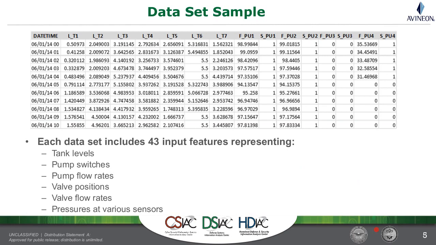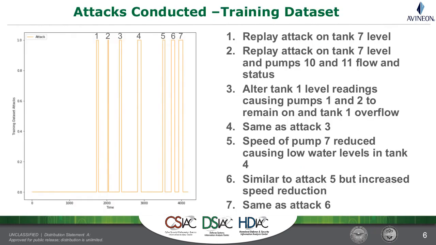Going on to slide 6. So I mentioned that there were 2 data sets where there were attacks. In the first one, which we're going to call the training data set, there were 7 attacks, and they were of a variety of different types of attacks that you might see against an industrial control system of this nature. There was a replay attack, and then there were some where they were altering the tank level readings, some where they were reducing pump speeds.